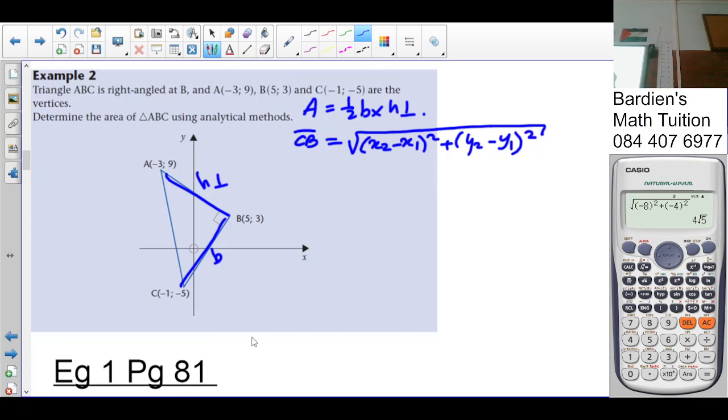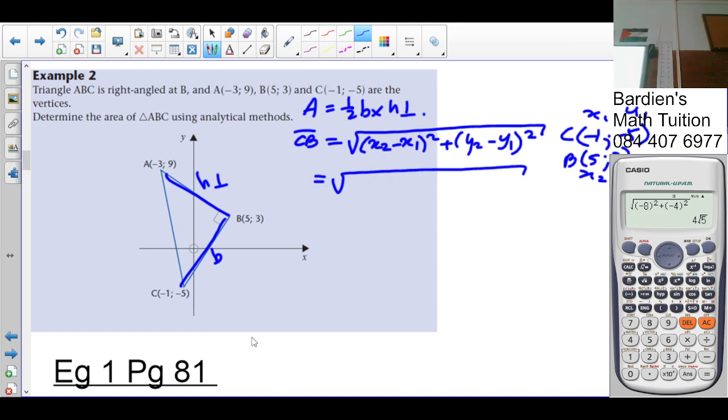Okay? So for C, it is negative 1 and negative 5. And B, am I moving too fast? 5 and 3. Okay, so then no, it's fine. So this is x1, y1, x2, y2.